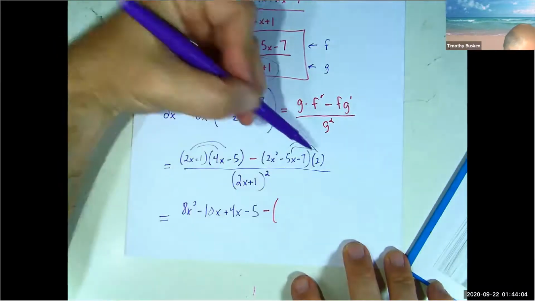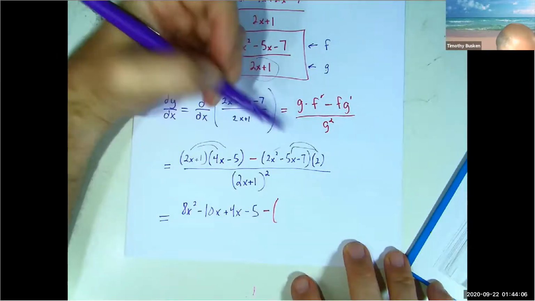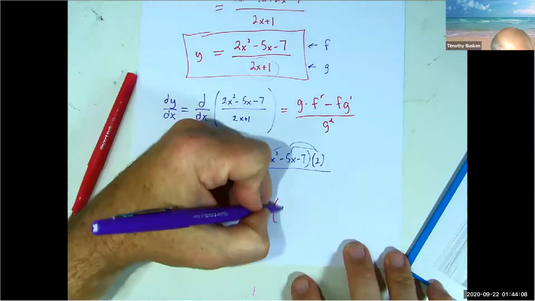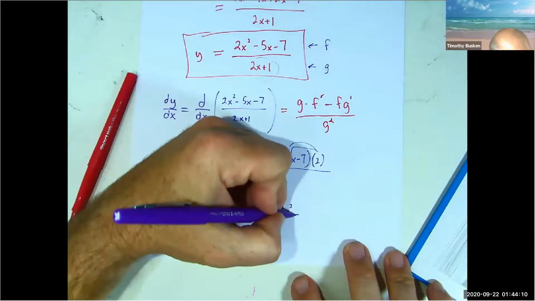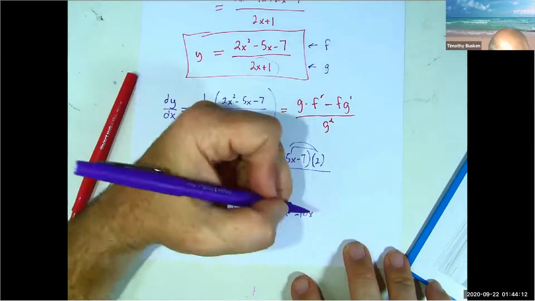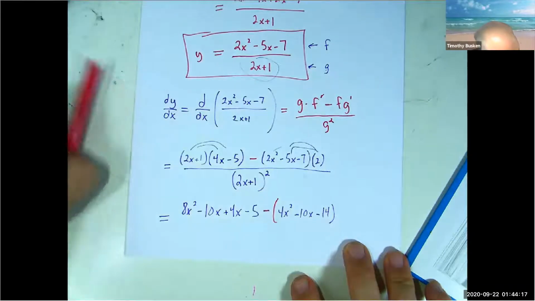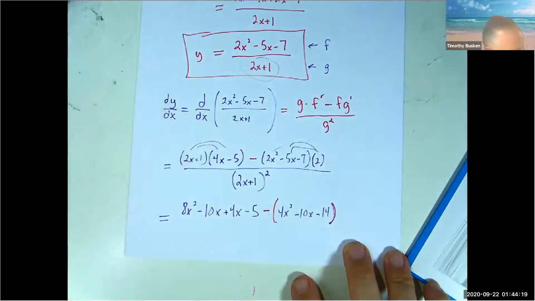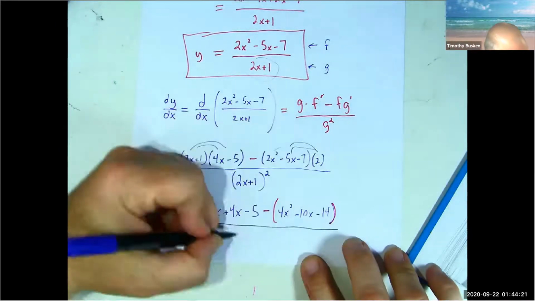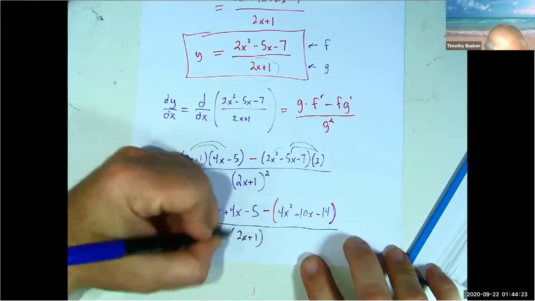Now I'm distributing 2 over this difference here, so that'll give me 4x squared minus 10x minus 14, and all that's over 2x plus 1 quantity squared.